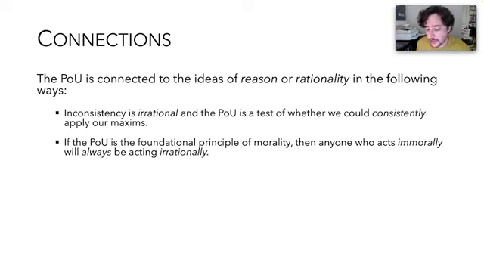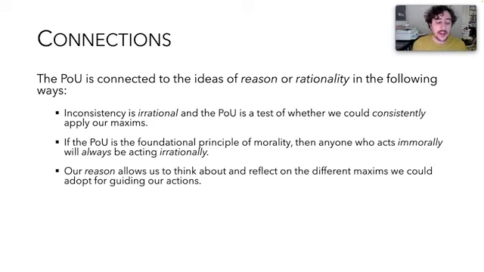Moreover, there's some further connections we need to point out here. It's because we have reason that we're able to stop and reflect on why we're doing the things that we do. So certain animals might just act out of instinct. There might be principles that are guiding their actions. Maybe a principle like, when I'm hungry, eat.